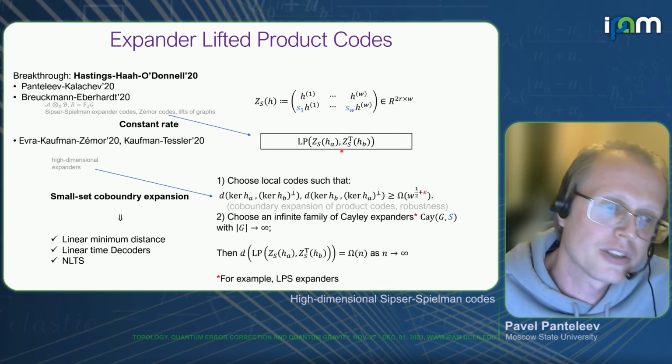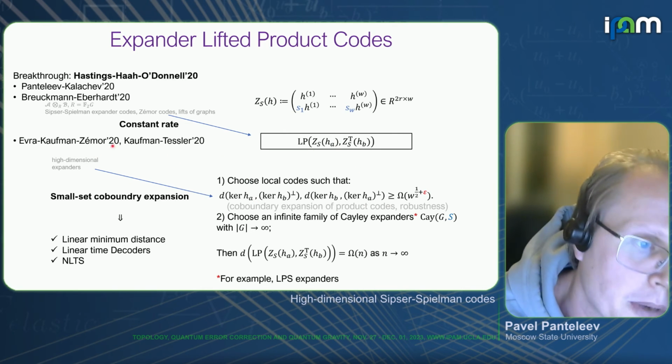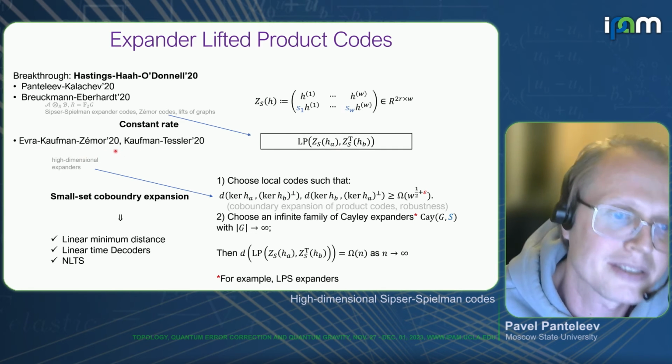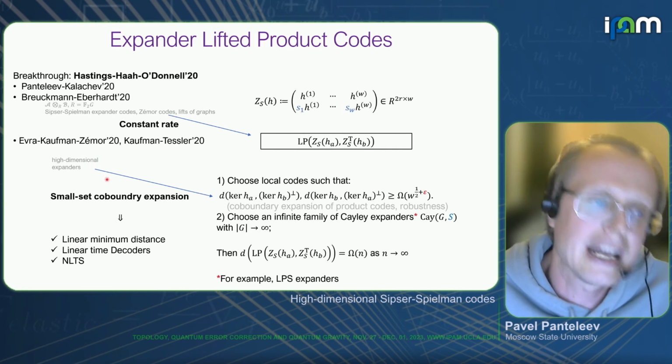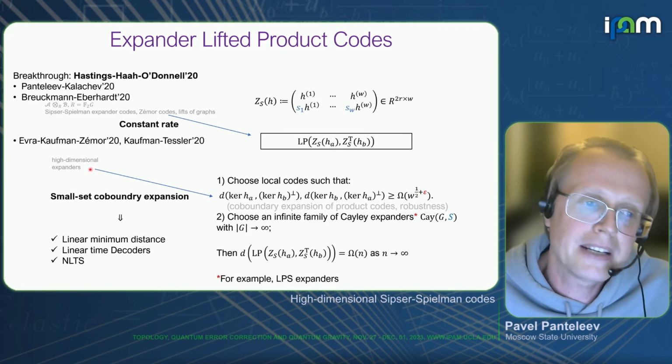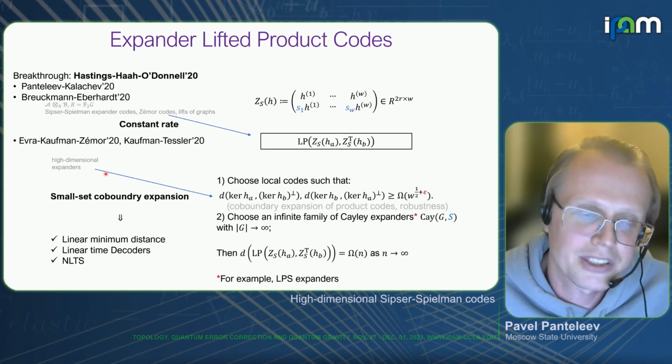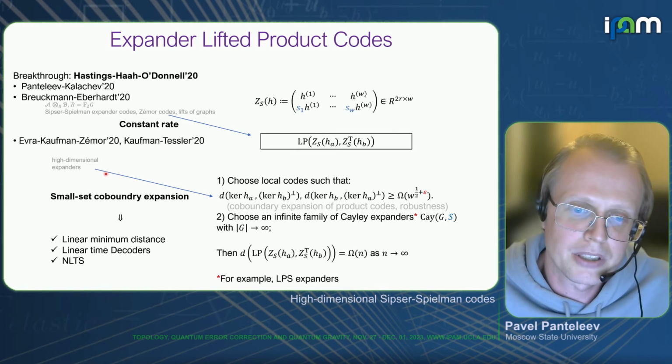And here the solution comes from the papers that proposed to construct qLDPC codes using high-dimensional expanders. In fact, this idea is the most important one in all this construction of qLDPC codes.